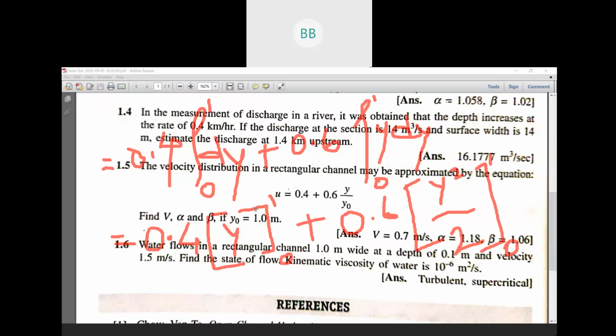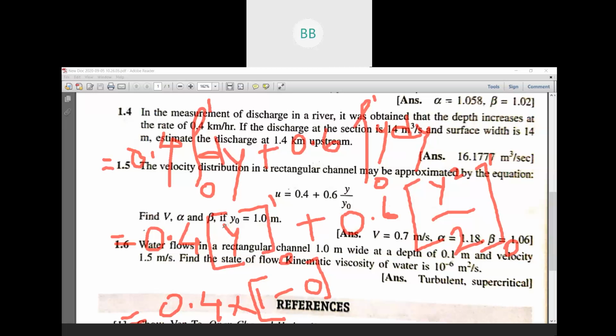Now you substitute y equal to 1 first, the highest limit, and then subtract the lower limit. So 0.4 multiplied by 1 minus 0. Higher limit minus lower limit.